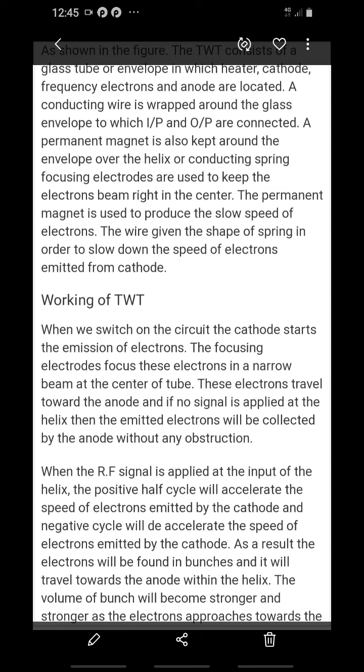The permanent magnet is used to produce the slow speed of electrons. The wire is given the shape of a spring in order to slow down the speed of electrons emitted from the cathode.